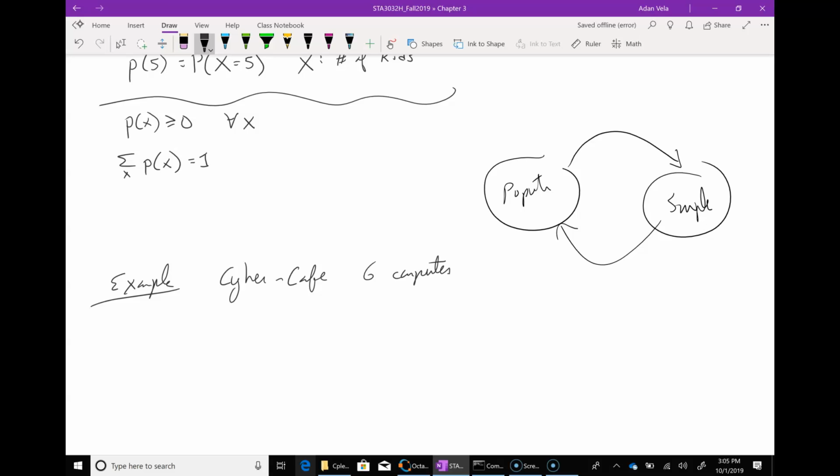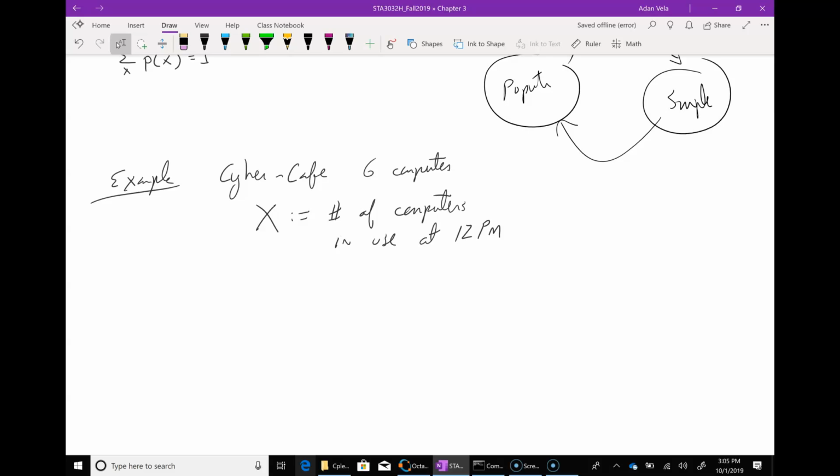What's going to happen is we're going to define this variable x, and it's going to be the number of computers in use, let's say at 12 p.m. All right, so we can be very specific.